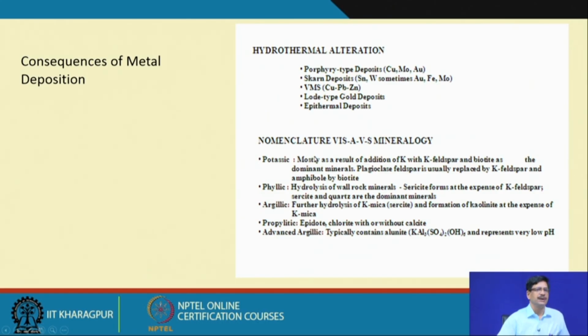Gradually, when the temperature is decreasing and the fluid is interacting with other fluids like a meteoric fluid source, it is giving rise to alteration zones dominated by minerals like sericite. It also indicates that the alteration zones are developing as a function of the increasing water by rock ratio, and we will look at the details.